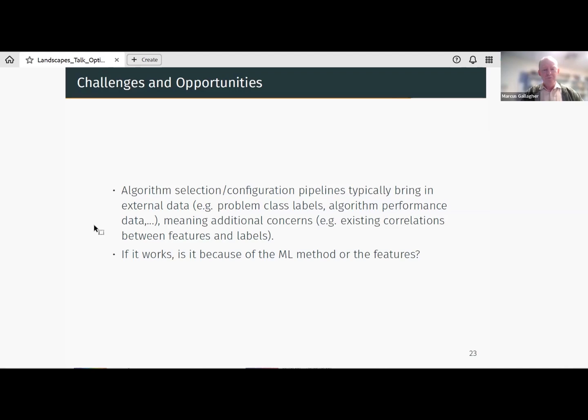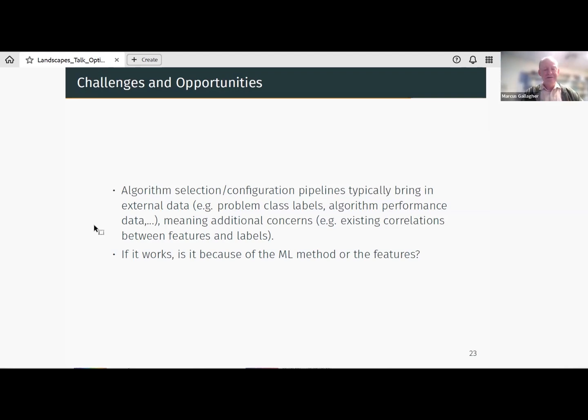When people are focused on using landscape analysis to drive algorithm selection and configuration, the situation becomes more complex, because we have external data sources like labels for problems and algorithm performance data, and then there are extra moving parts to account for in the experiments.